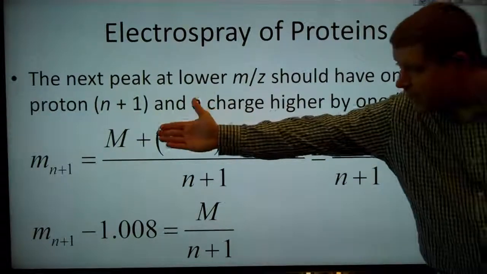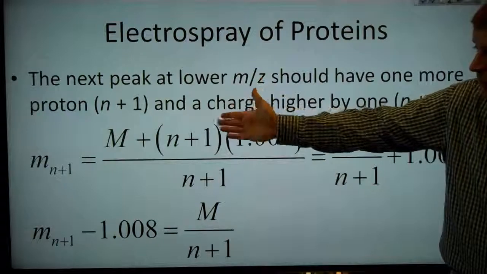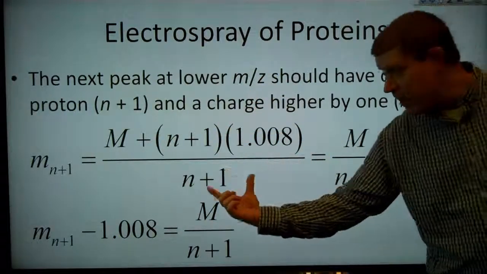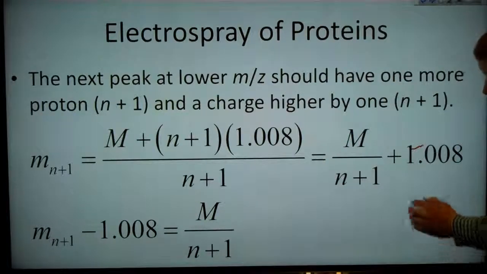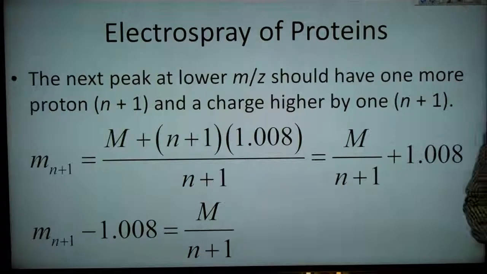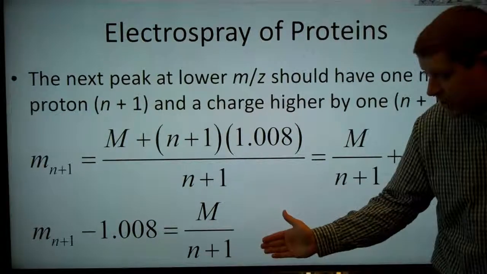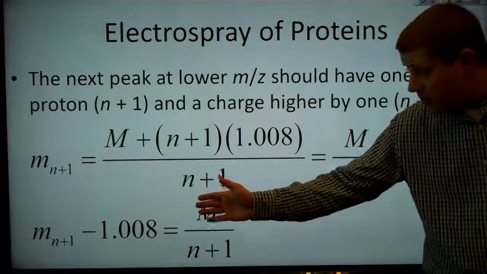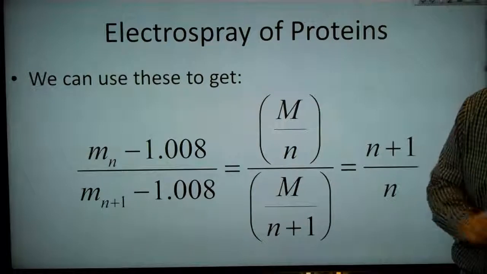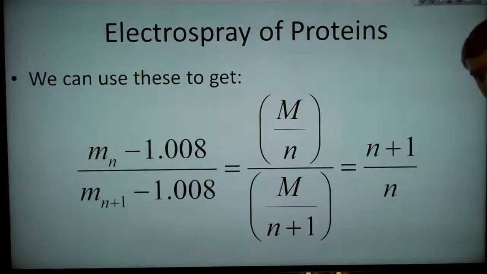And that means that M_(n+1) is equal to (M + (n+1) times 1.008) divided by (n+1), which then gives us M over (n+1) plus 1.008. And again, we can solve, and we get M over (n+1) is equal to M_(n+1) minus 1.008.